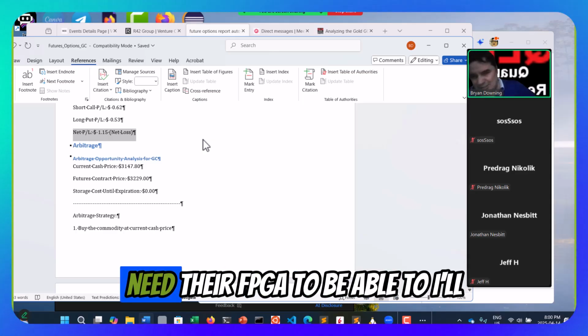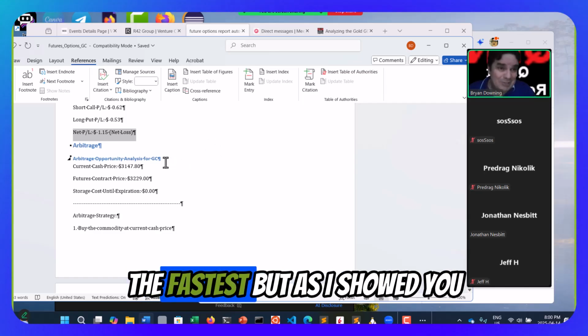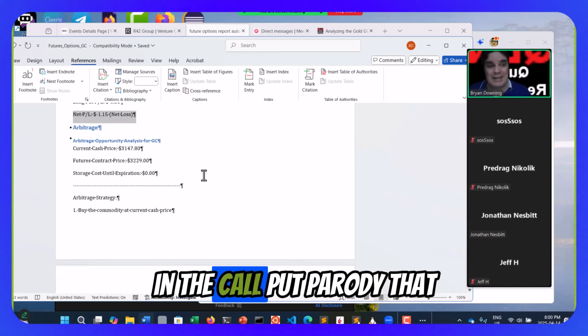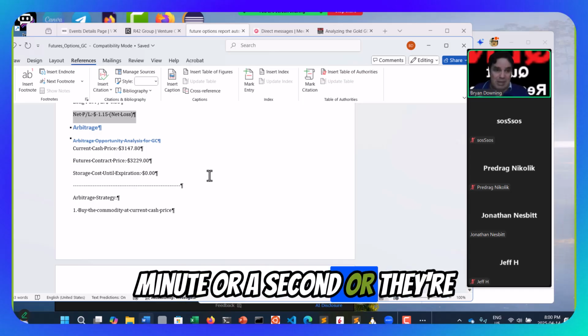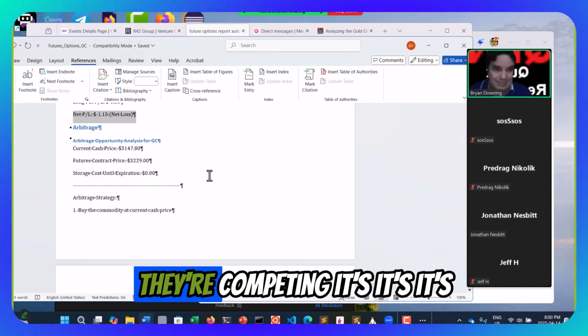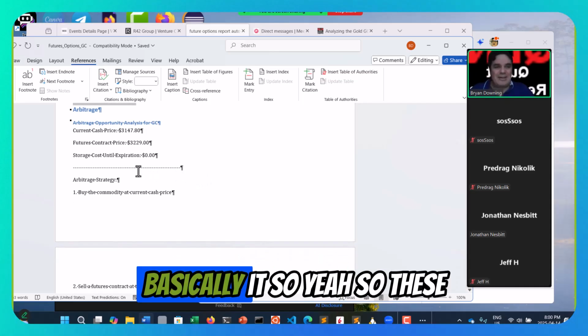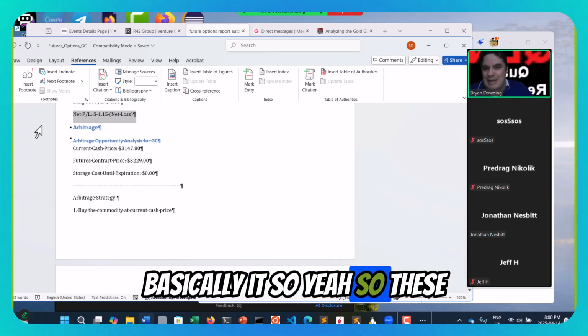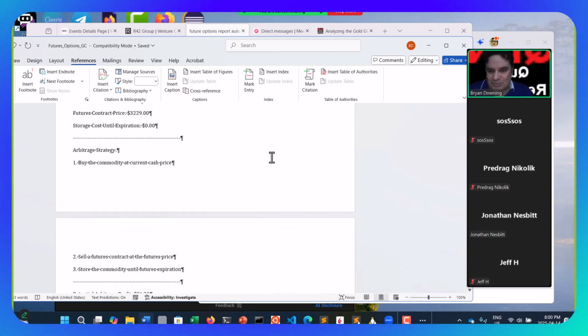That's why they need their FPGAs to be able to output this as best as possible at the fastest. And as I showed you in the call put parity, it might only last like a minute or a second, or they're competing. Like it's a technology war. That's basically it. So there's all these different scenarios as well.